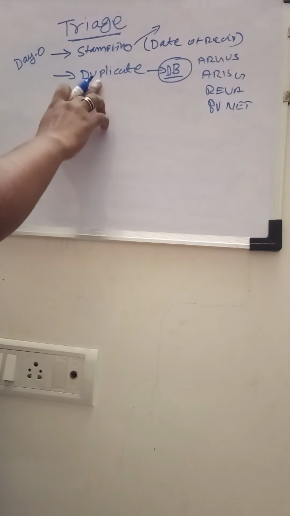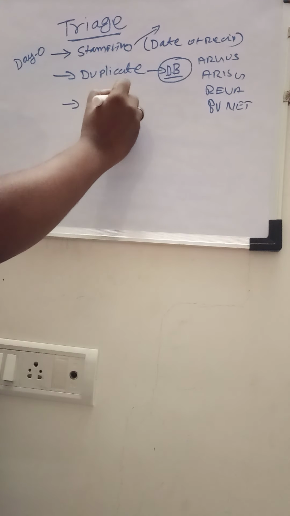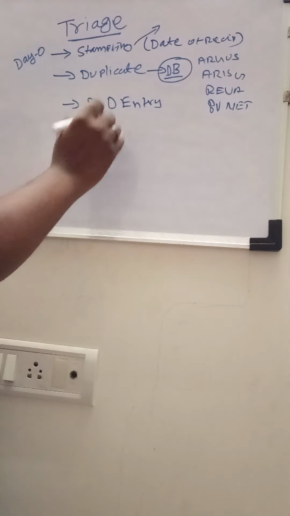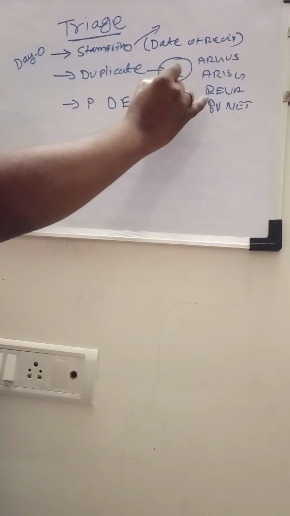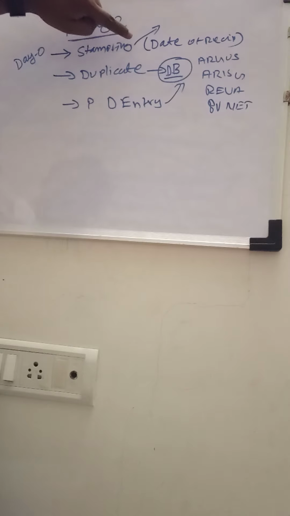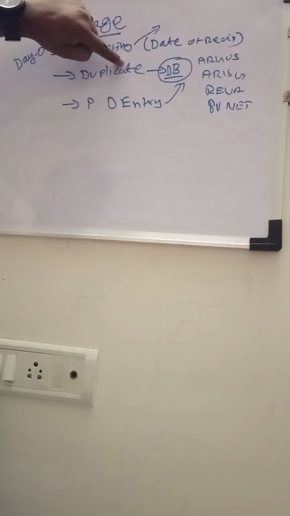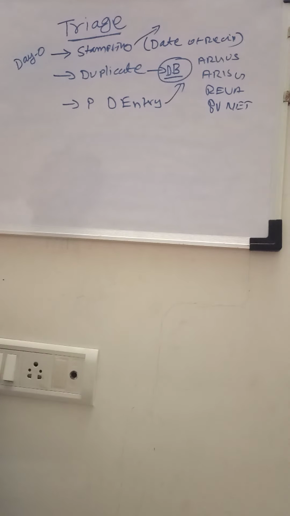If it is a new case, then again the preliminary data entry, the basic details of the patient, would be entered in the particular database. So once the case comes, first they acknowledge the date of receipt, then immediately they cross check the details by performing some basic data entry, and they cross check whether the same case already exists in our database.